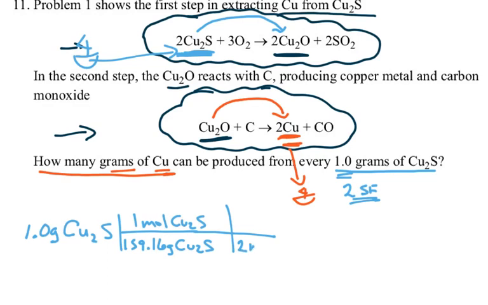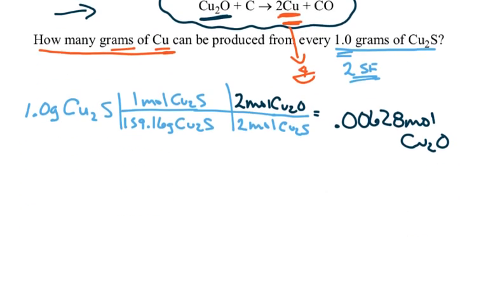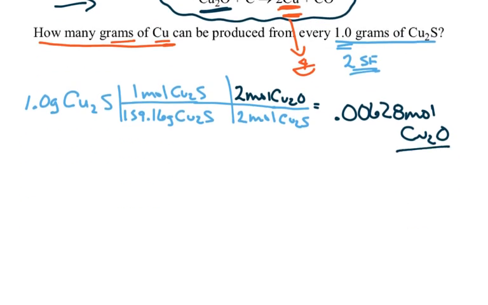So for 2 moles of Cu2S, there are 2 moles of Cu2O. Now I'm going to stop right here and figure this out. What is this equal to? 0.00628 moles of Cu2O. That's where we are right now.